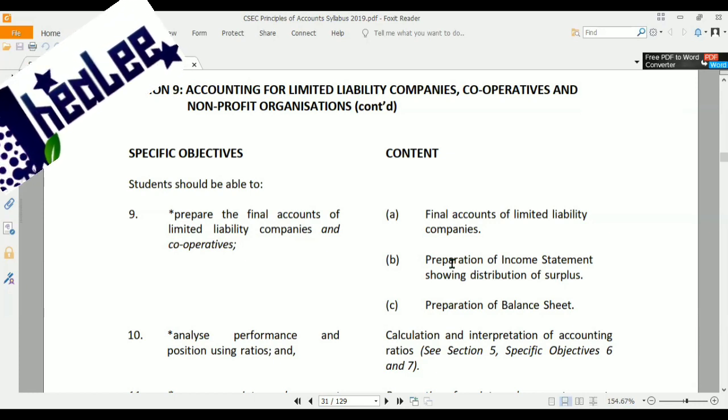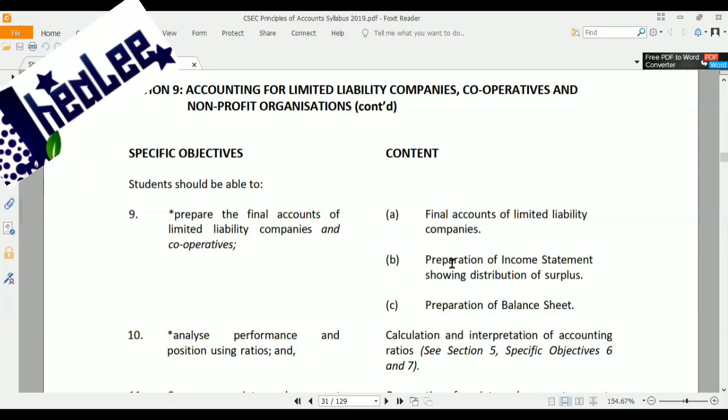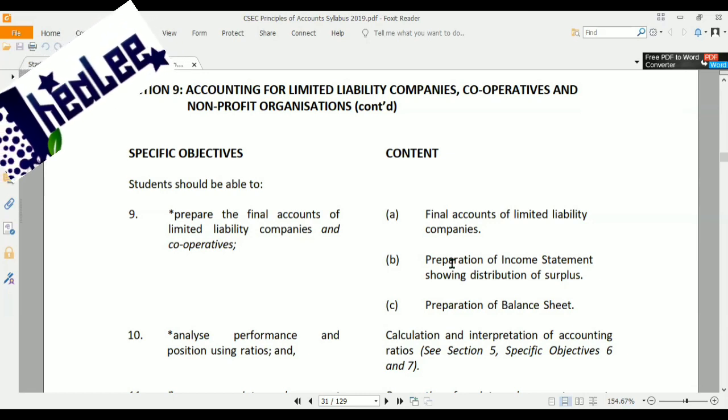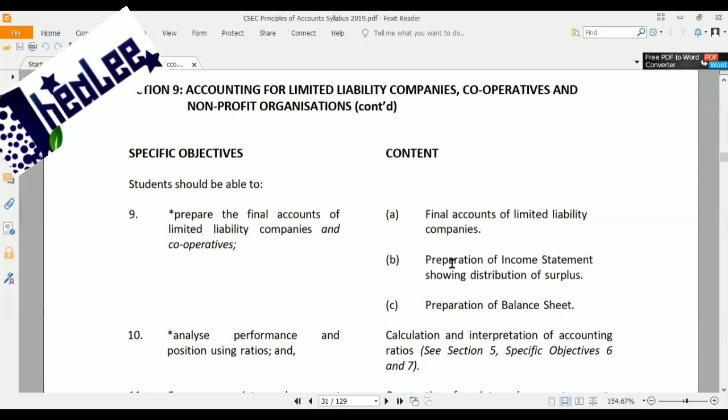The only thing that you have to look for when you're listing your expenses in the profit and loss account is debenture interest, which is basically loan interest. And once you have an interest on that, that's an expense to the business, right? And directors' remuneration. Remuneration means pay, salary.